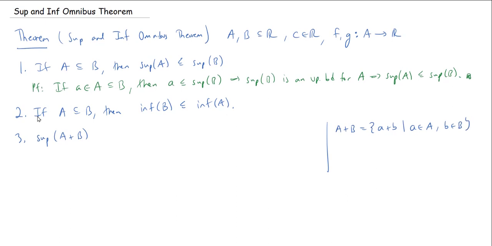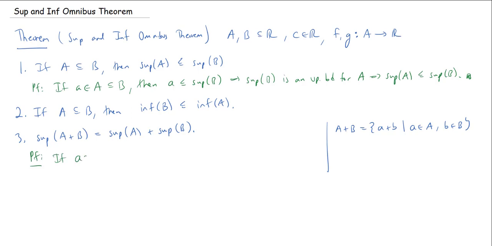So if I take this set, A plus B, and I look at the supremum, it will be precisely the sum of the suprema of A and B. So we'll prove that. So this one will be a little more involved than our proof of number one. All right, so one direction is reasonably straightforward. The other one has a little bit of a tricky argument to it.